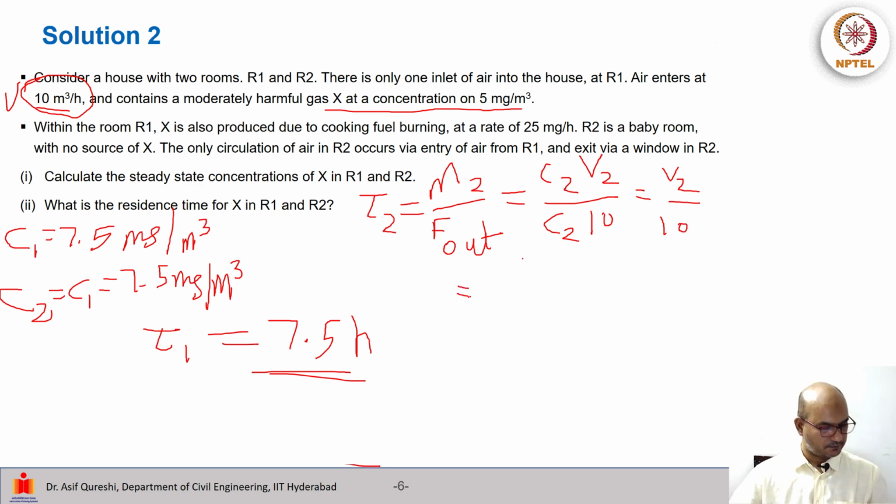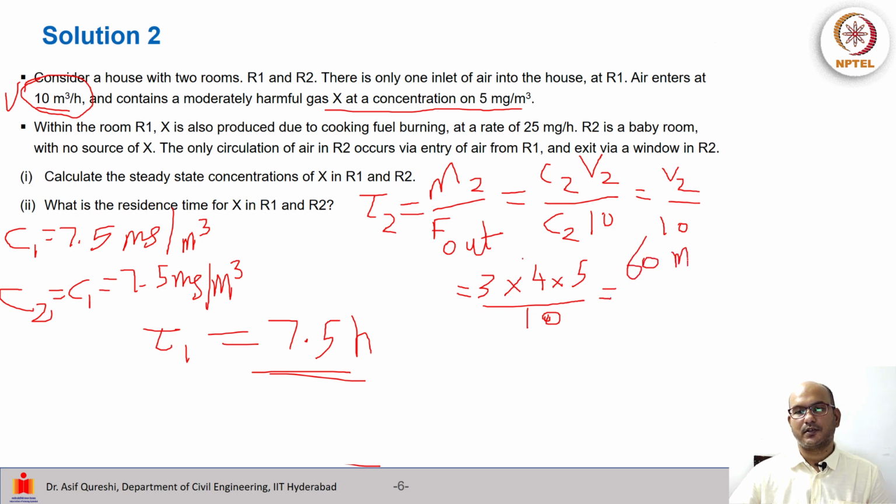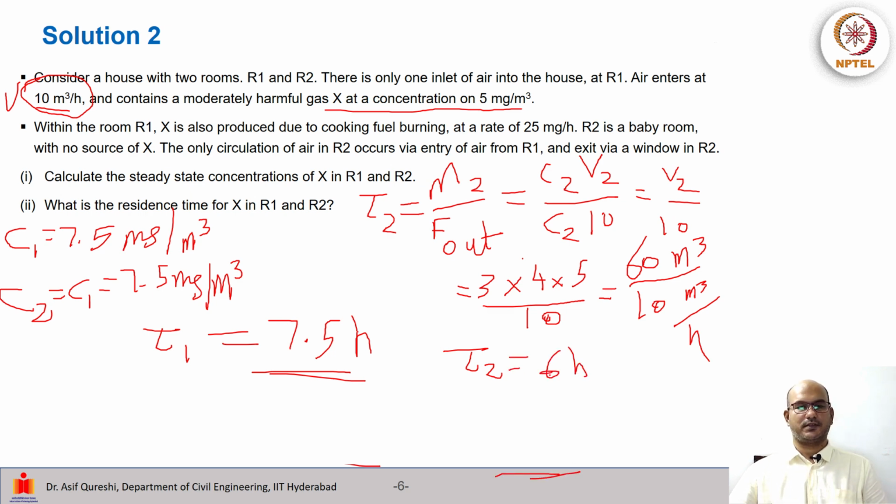V2 is 3 into 4 into 5, so 60. This is 60 meter cube by 10 meter cube per hour. So tau 2 is 6 hours. So we have solved this.